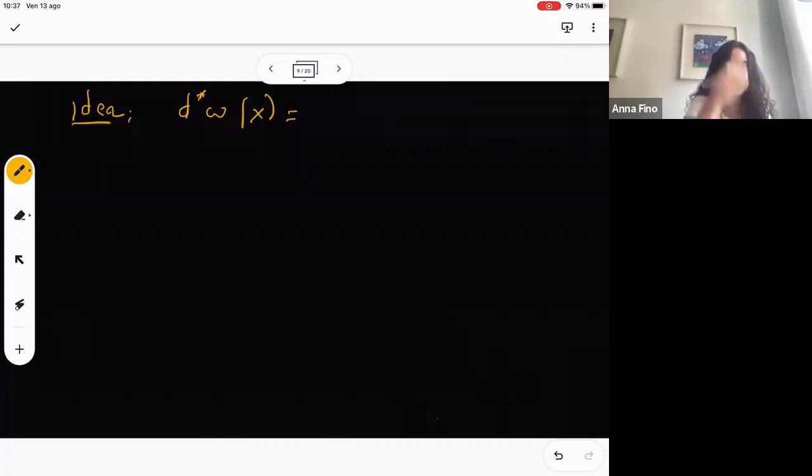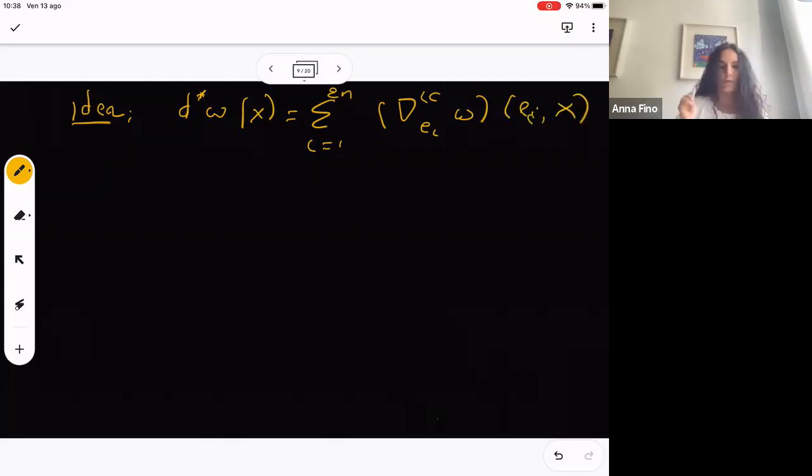If you use the orthonormal frame, this is just a sum from i to 2n, you take the Levi-Civita connection, e_i omega (e_i, x).